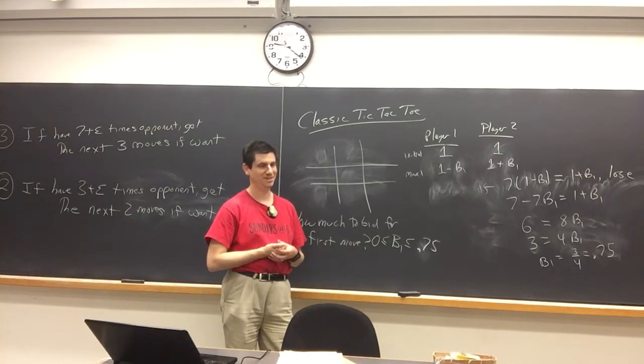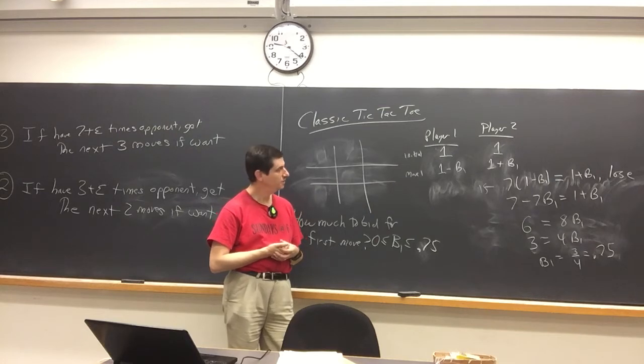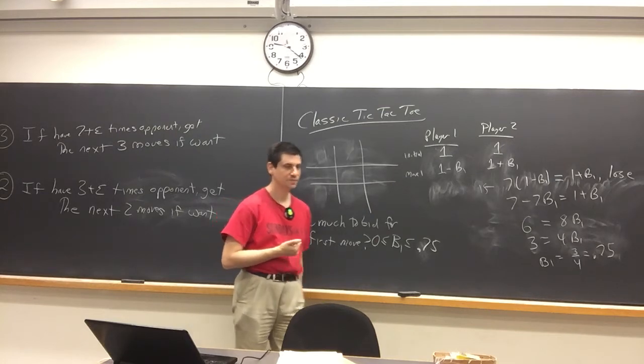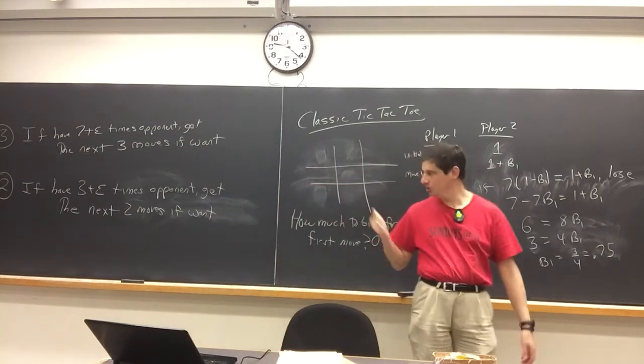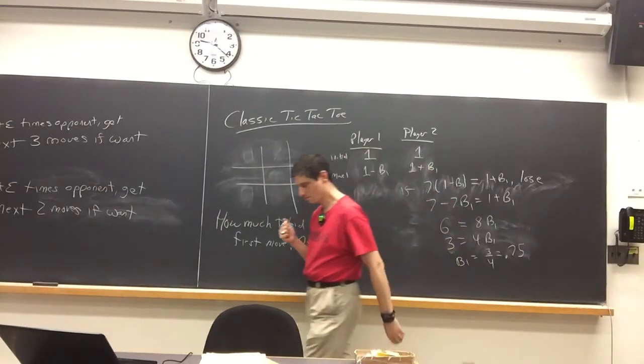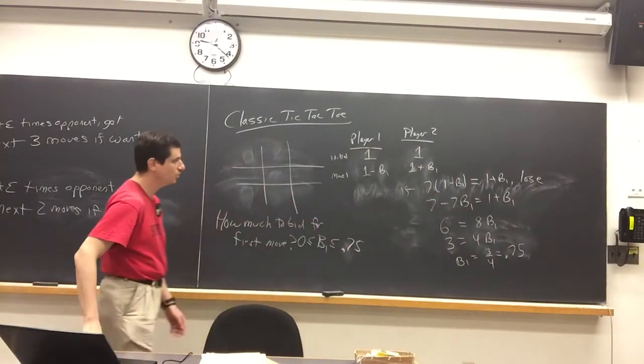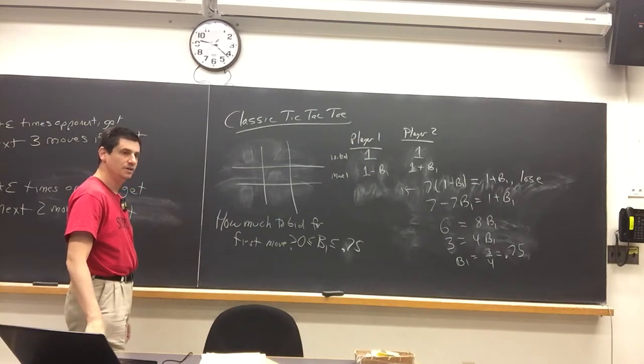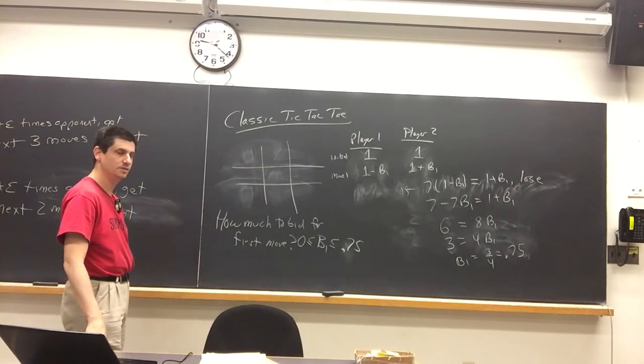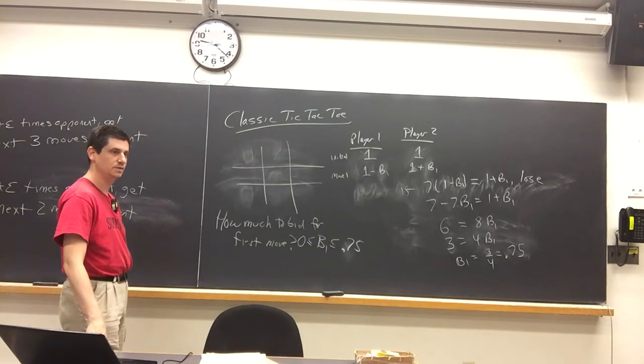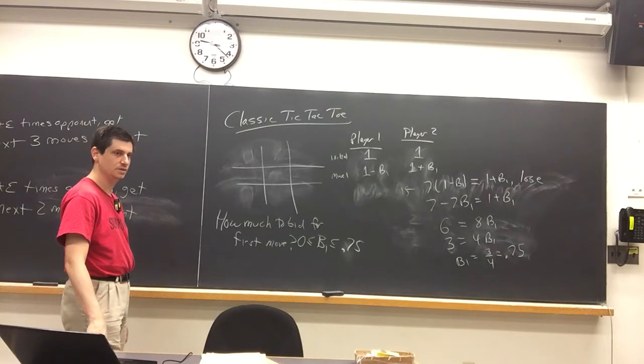I think we could improve it by saying, so we know that with our second one, if we have 3 times our opponent, we get the next 2 moves. 3 plus epsilon. So after 1 plus b, I'm going to make my move, and if I win my move, I want to still have 3 times as much as they do.